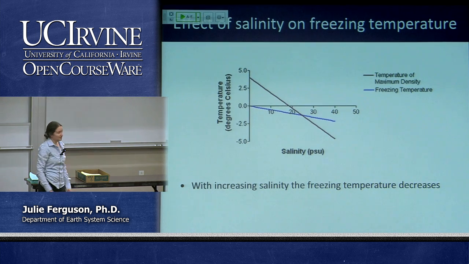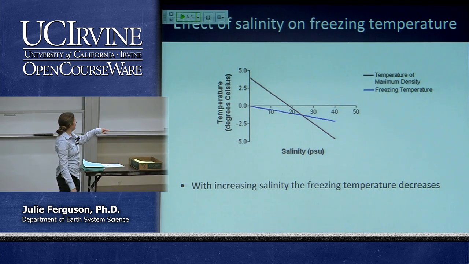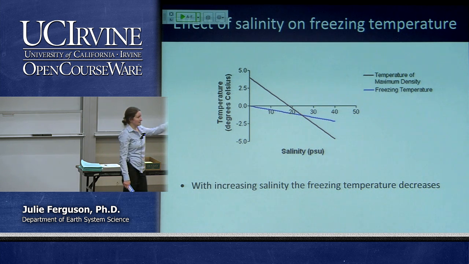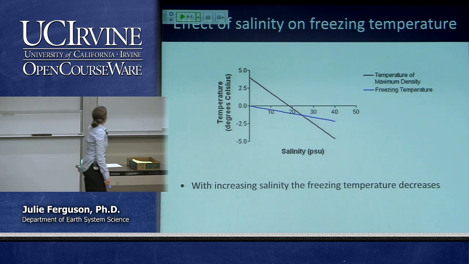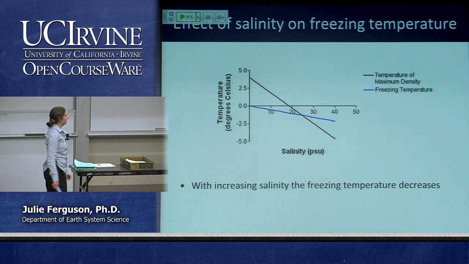Okay. And so this little graph just shows you that. And it shows you a couple of things. So first of all, salinity is the x-axis here. So from low salinity, you can see PSU as equivalent to that per mil sign we had. And then increasing salinity off to 50 or so. And then temperature is up at the y-axis. And you can see that our blue line shows our freezing temperature.